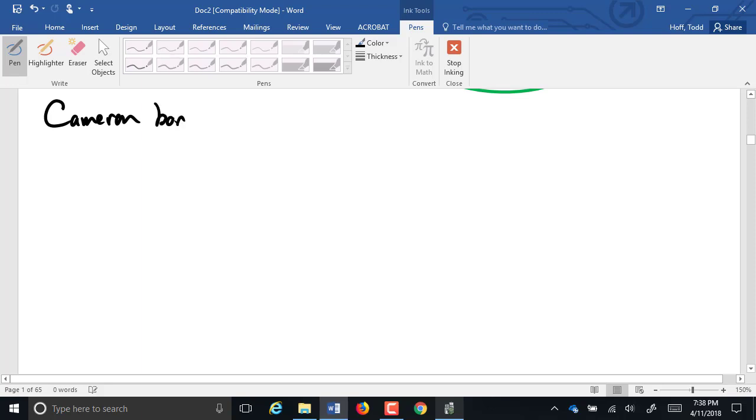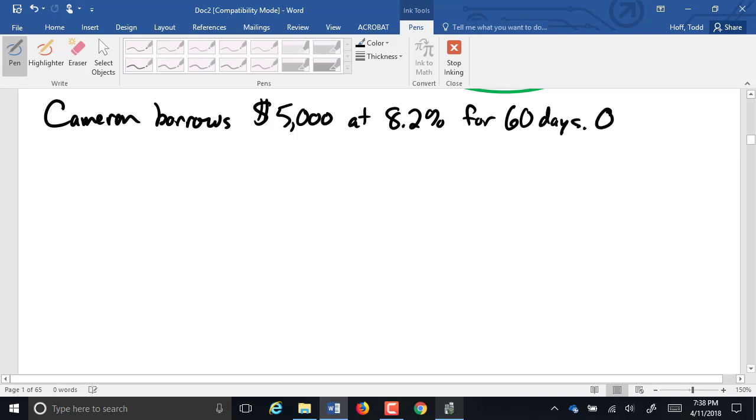Cameron borrows $5,000 at 8.2% for 60 days on June 18th.